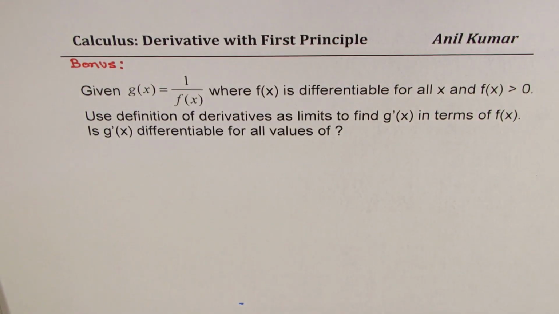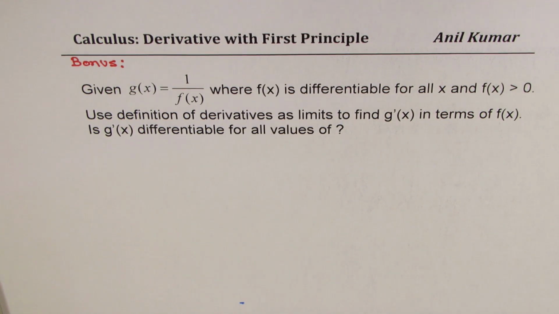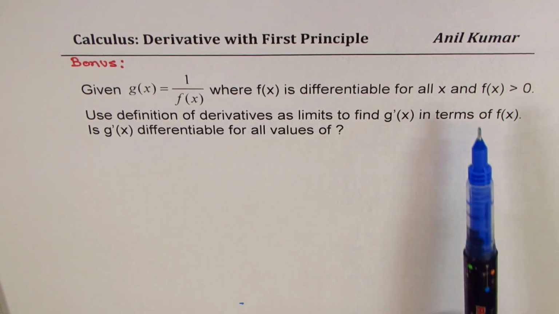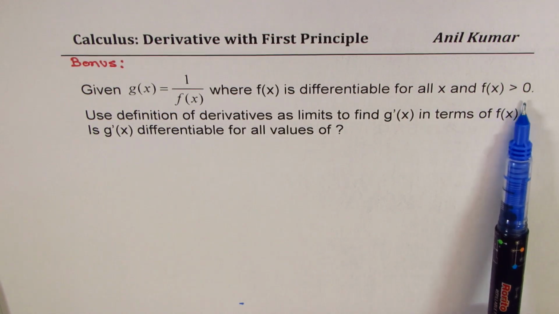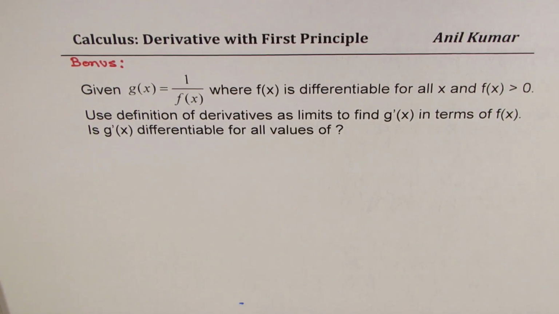The question here is, given g of x equals 1 over f of x, where f of x is differentiable for all x and f of x is greater than 0, that means positive. Use the definition of derivatives as limits to find the derivative g dash x in terms of f of x.